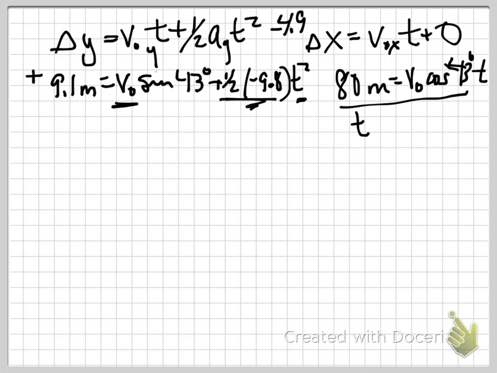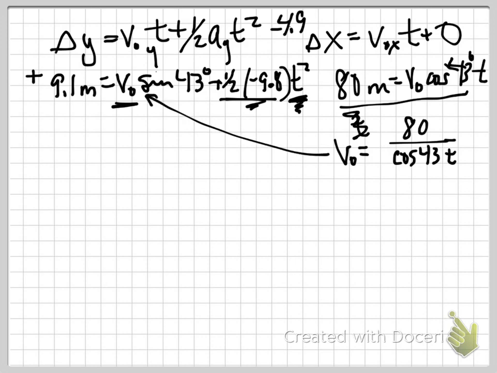I'm not going to do that because I don't really like squaring cosine when I substitute. So I'm going to solve this for V naught and get 80 divided by cosine of 43 times T. And I'm going to substitute that in right there and then solve for T, and then when I get my T, I'll plug it back in over here and get what V naught is. You'll see it's just going to be easier to solve.